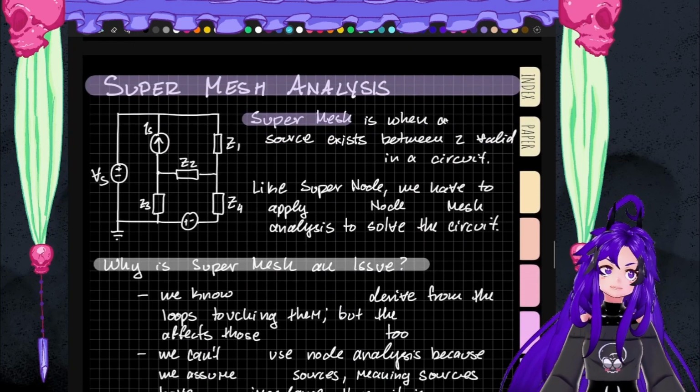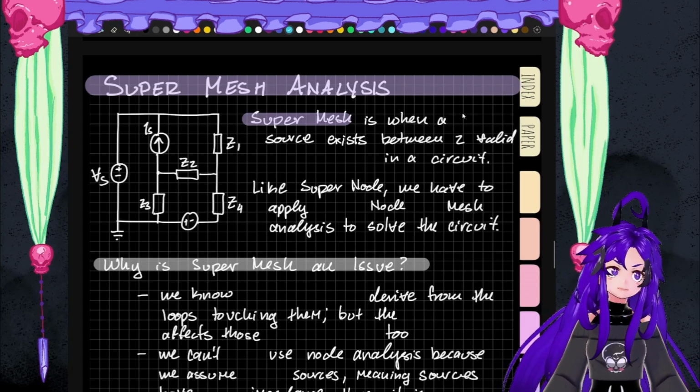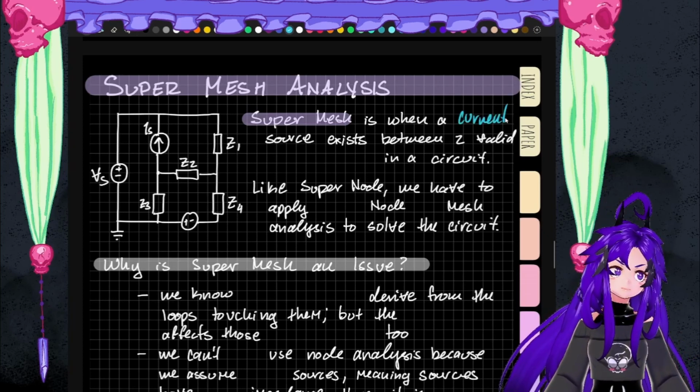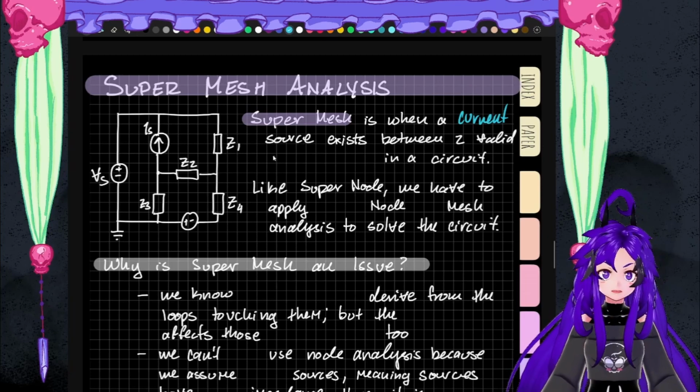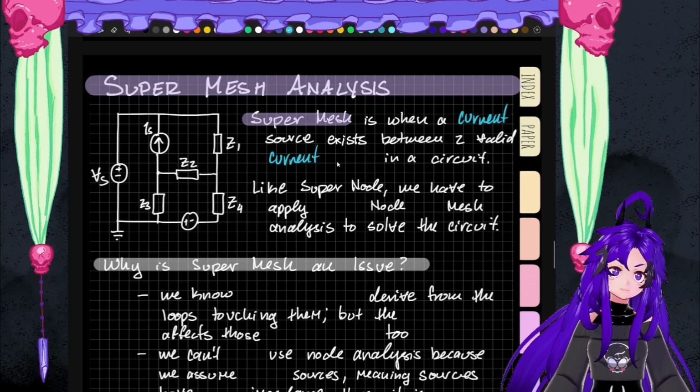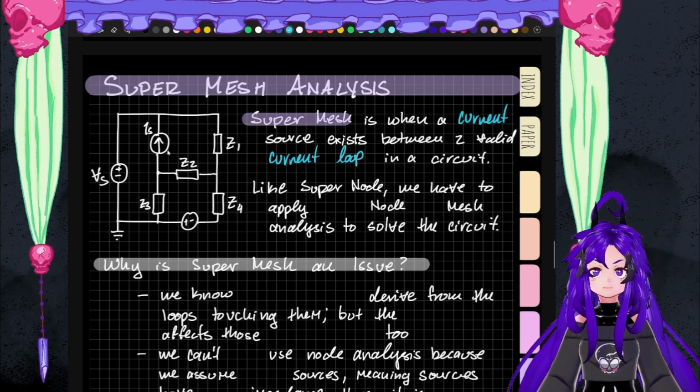Supermesh is when a current source exists between two valid current loops. What do I mean by that?